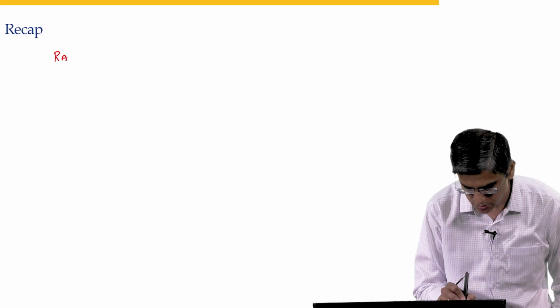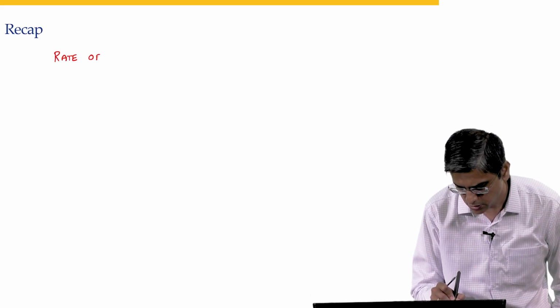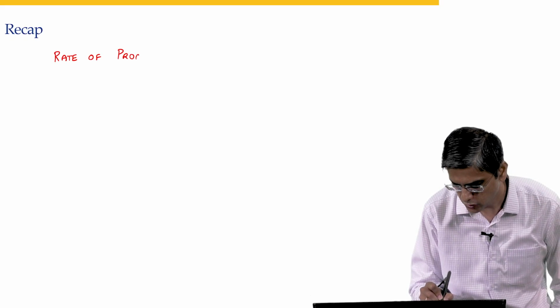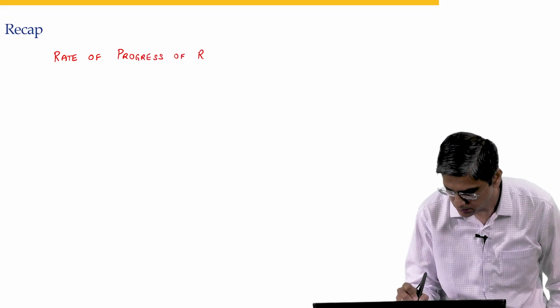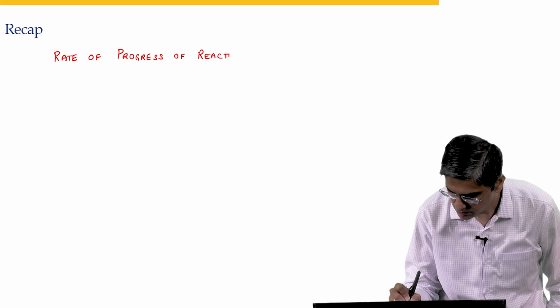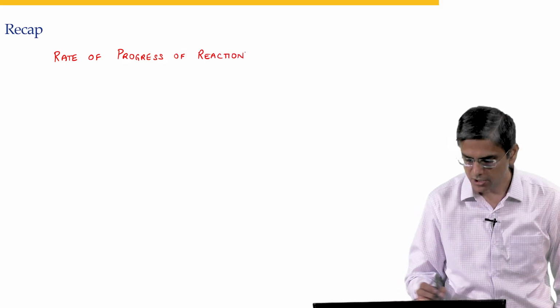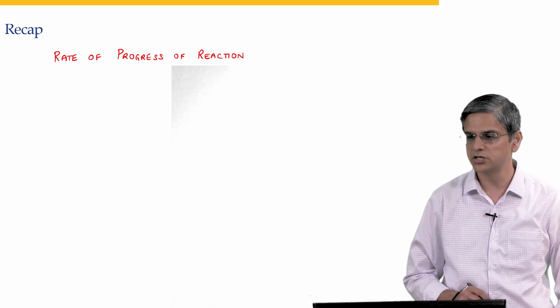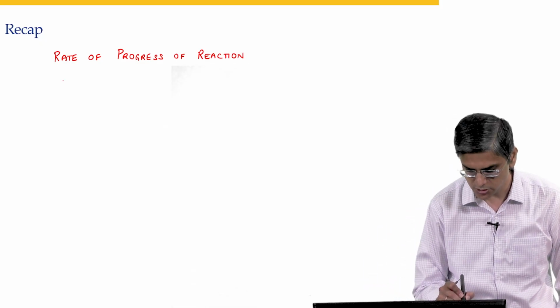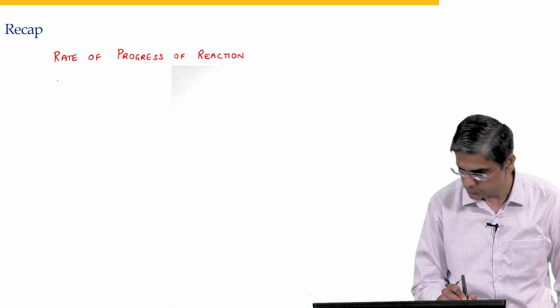Quickly recapping what we did in the previous class. We basically introduced the rate of progress of reaction. Over the course of this course, we'll look at three cases in which the rate of progress of the reaction will be used.